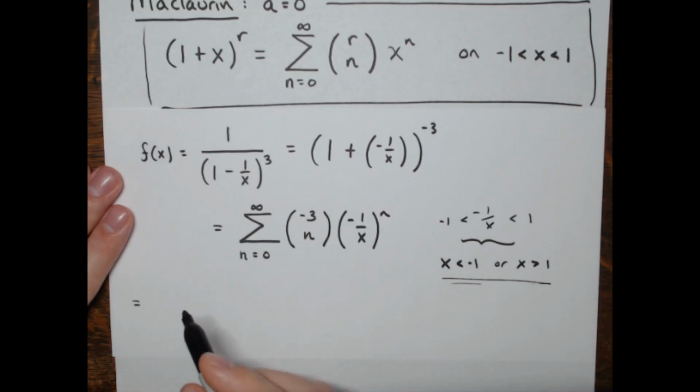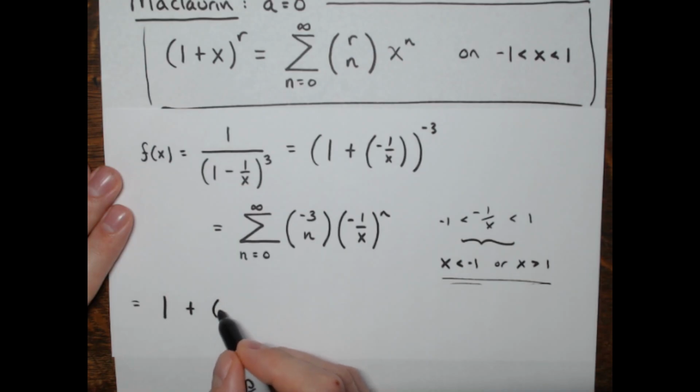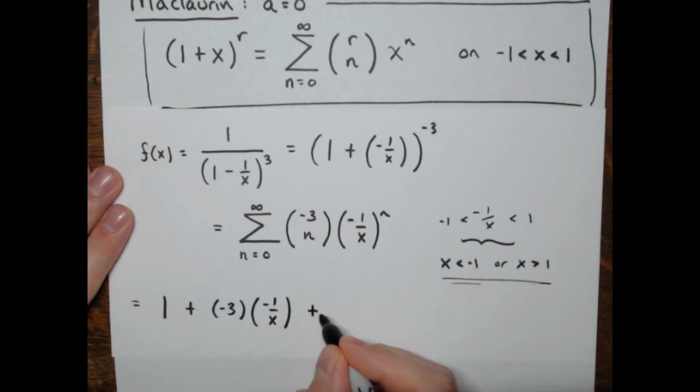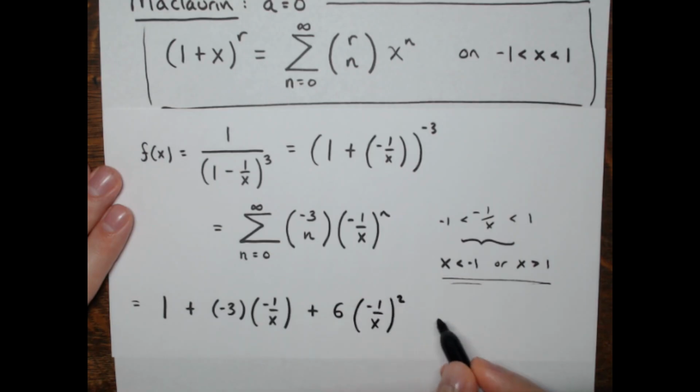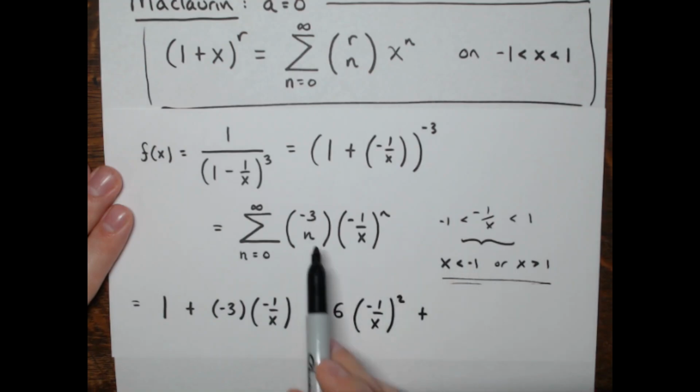Now we're only asked to write the first 4 non-zero terms. So you've got negative 3 choose 0, which is 1, plus negative 3 choose 1, which would be negative 3, times negative 1 over x to the first, plus negative 3 choose 2, that'd be negative 3 times negative 4, so 12 over 2, that'd be 6, times negative 1 over x squared, and then the fourth term, negative 3 choose 3, would be negative 3 times negative 4 times negative 5.